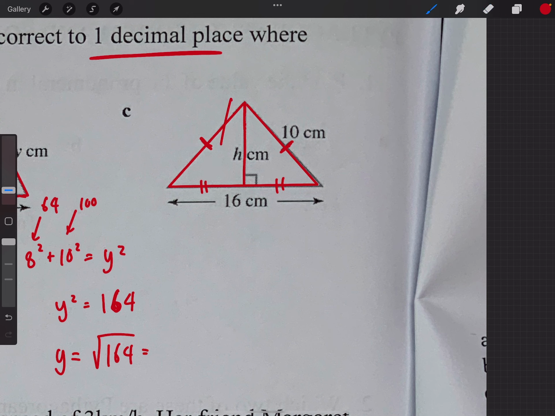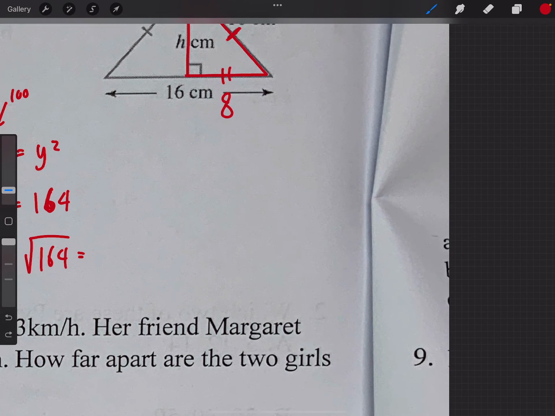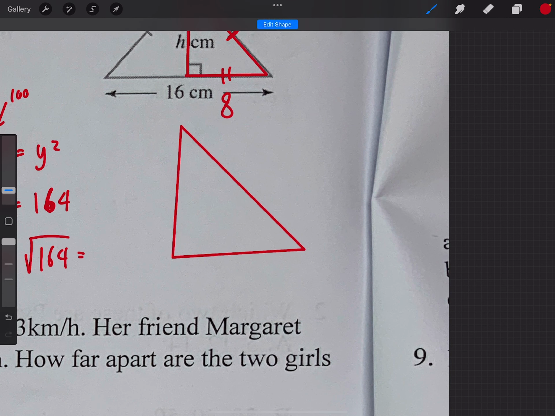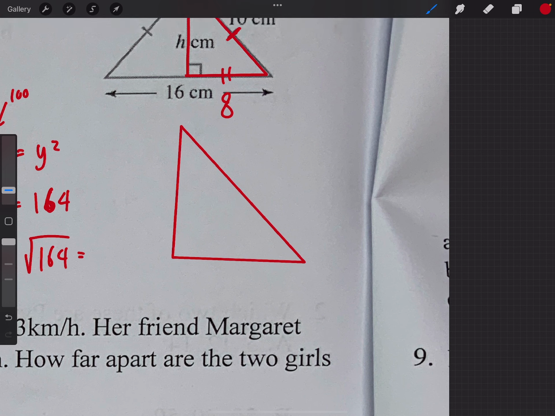Let me just focus on the triangle on the right. I have 8 and 10, so the triangle looks like this. We have 10 and we have 8.